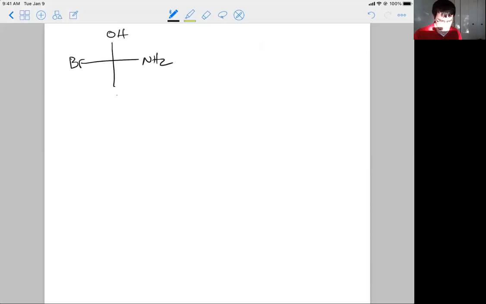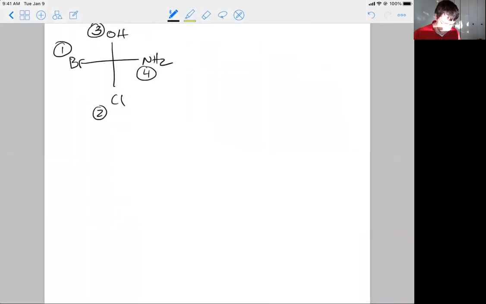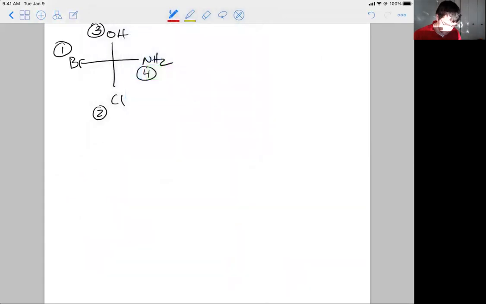But okay. So we're at 1, 2, 3, 4. And then let me remind myself, I swapped 3 and 4 last time. So I'm going to swap 4 and 2. So now this becomes 4 down here and 2 over here.